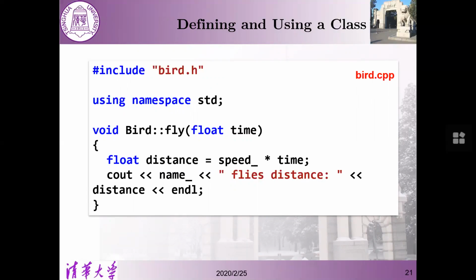If we define them in the header file, then they will default to inline. But typically, we will define the function body in the CPP file.